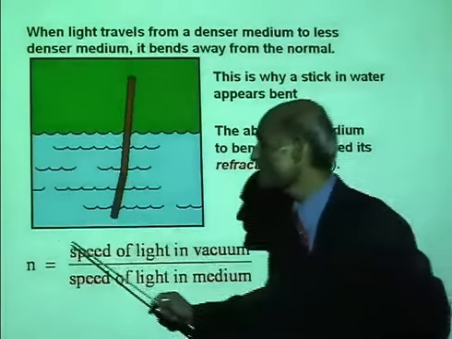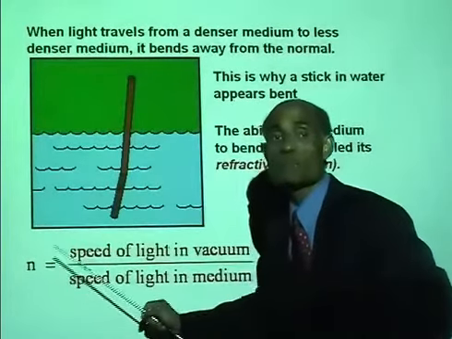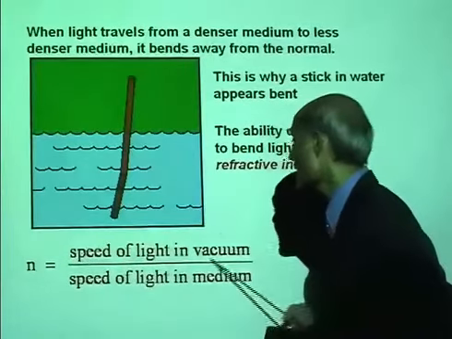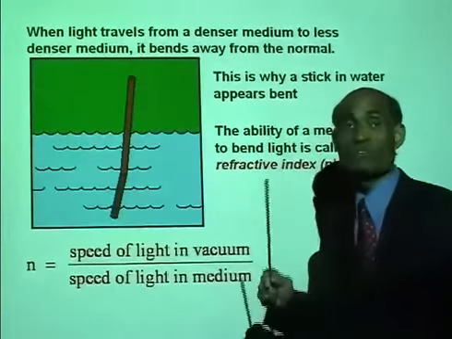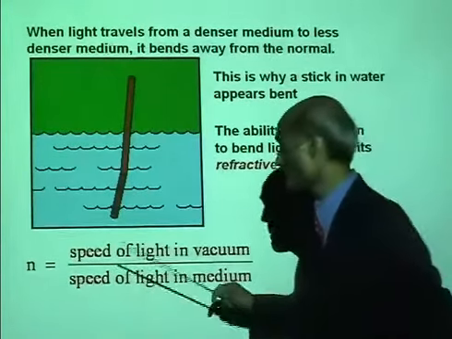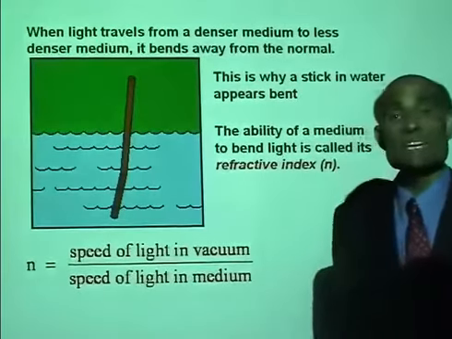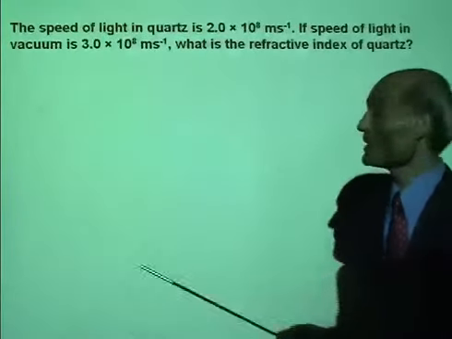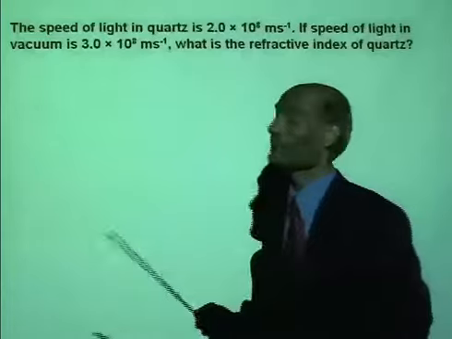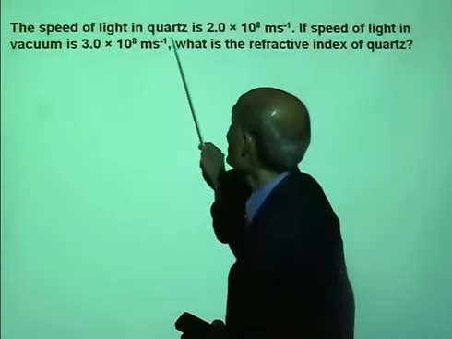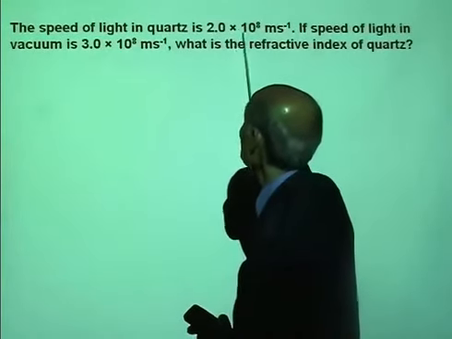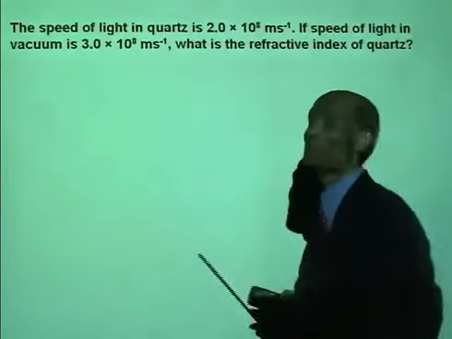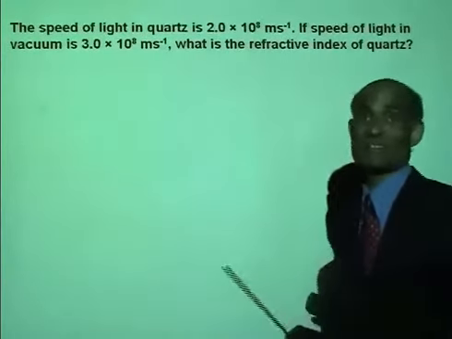The refractive index n of a medium is speed of light in vacuum, free space, divided by speed of light in that medium. Alright, let's do a small problem. The speed of light in quartz is 2 times 10 to the 8 meter per second.